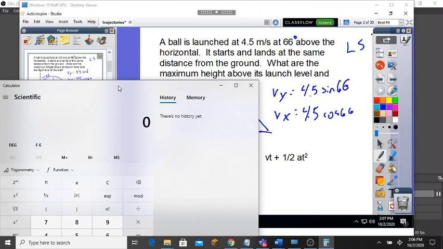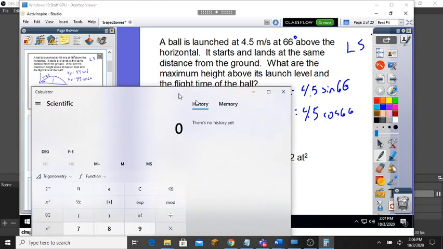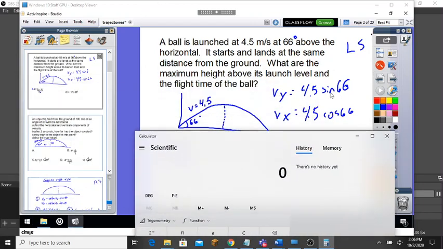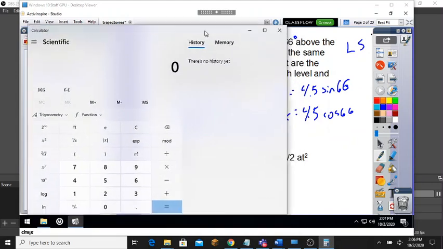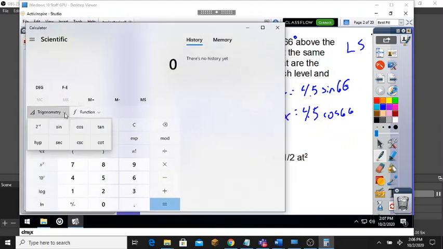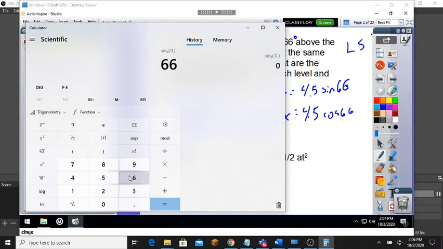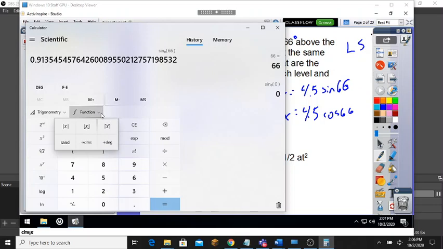So what we're going to do here is enter in sine of 66. How do I do that? If I press the little arrows here, I'm going to put sine of 66 and hit equals. It might be the other way around. Let's try it the other way around. 66 sine. There we go. So that's how that works. You also have to make sure that you're in degrees.